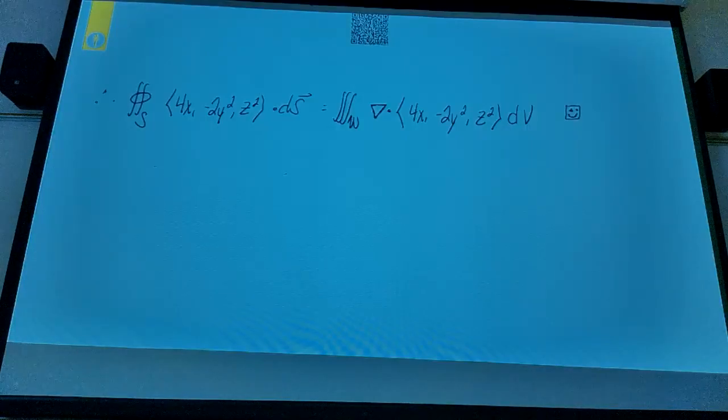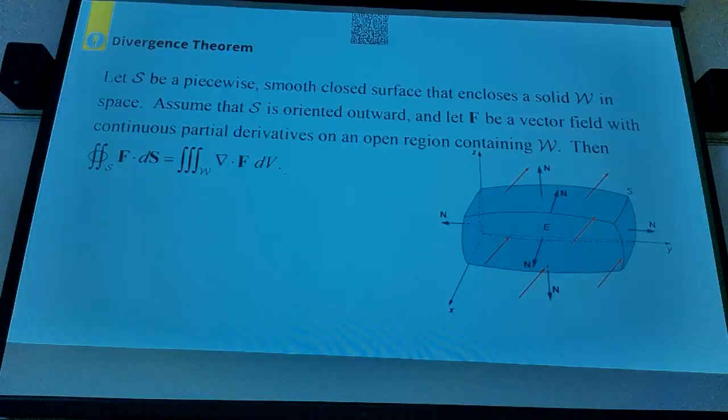So your choice on if you want to do a flux integral or the triple integral. However, just like with Green's and Stokes' theorem, where it had to be a closed path, divergence theorem only works on a closed surface.